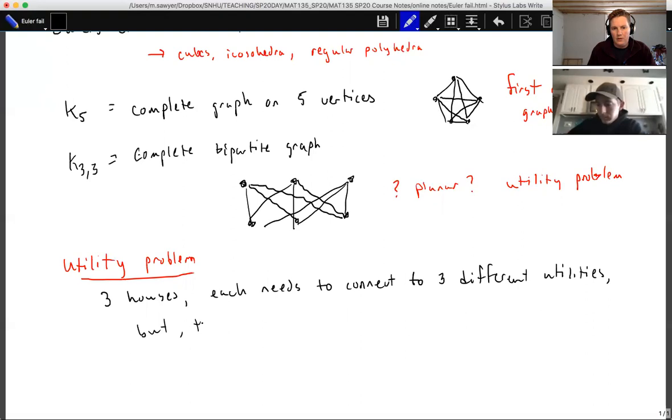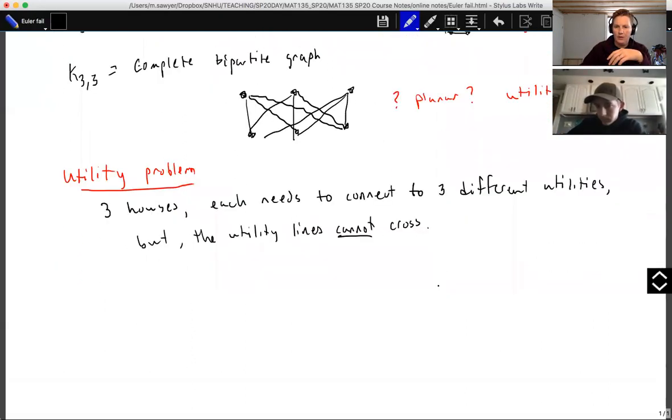But the utilities can't cross. So if I've got my 3 houses and I'm trying to run power, water, and gas to them, I can't let my lines cross for whatever reason. Maybe they all have to run at a certain height, but I can't let these lines cross.